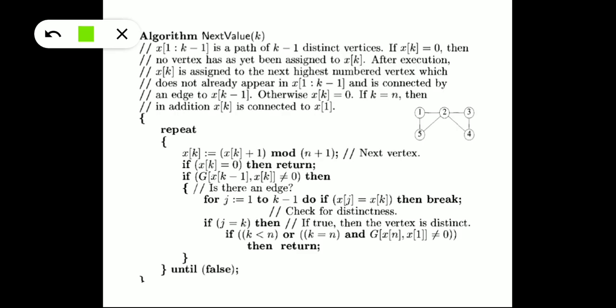After execution, x of k is assigned the next highest numbered vertex, which is not already appearing in the solution vector and has an edge back to its previous vertex given by the column in the solution vector x of k minus 1.